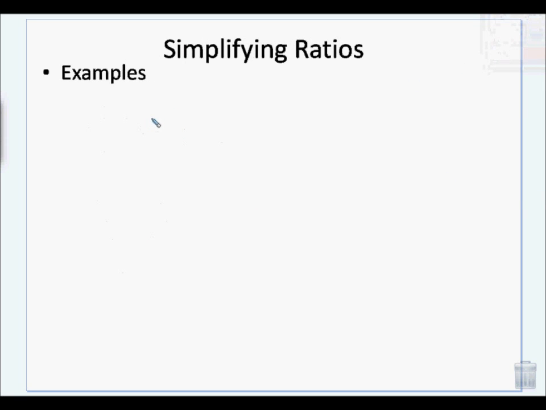Simplifying ratios. A ratio in the simplest terms means basically it's a reduced fraction. So if I had 36 over 54. These are both even.